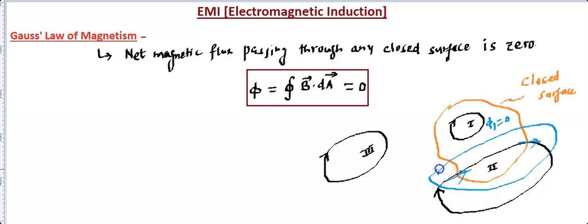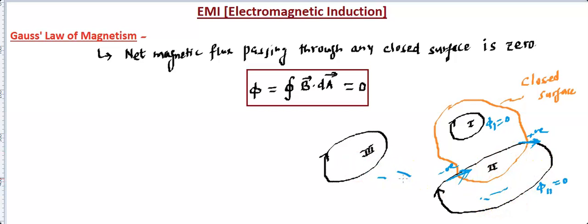Because it has to make a complete loop. So in this case there will be non-zero flux going inside and non-zero flux going outside, but we say this ingoing flux is negative, outgoing flux is positive, and they are equal in number. So that will ultimately lead to the flux due to the second type of lines also being 0.